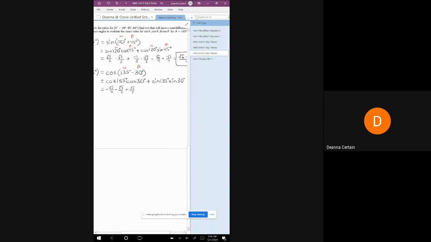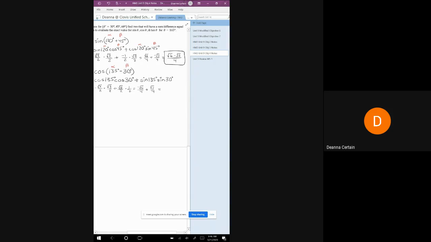Sine is positive, so we have root 2 over 2. And back to the first quadrant, sine of 30 is 1/2. And so this simplifies to negative root 6 over 4 plus root 2 over 4, which simplifies to negative root 6 plus root 2 over 4.